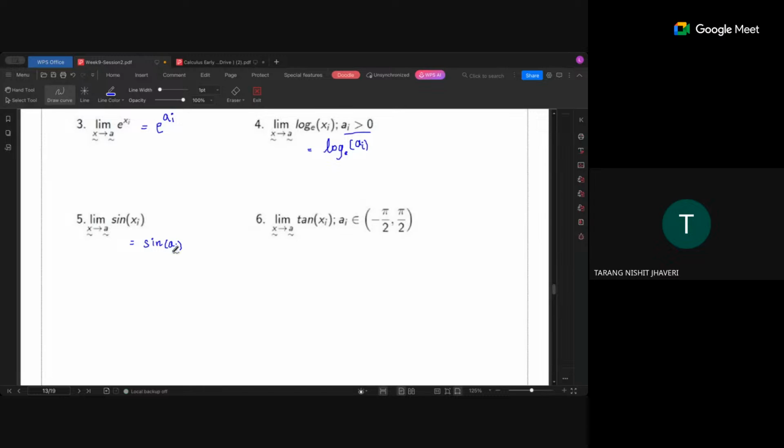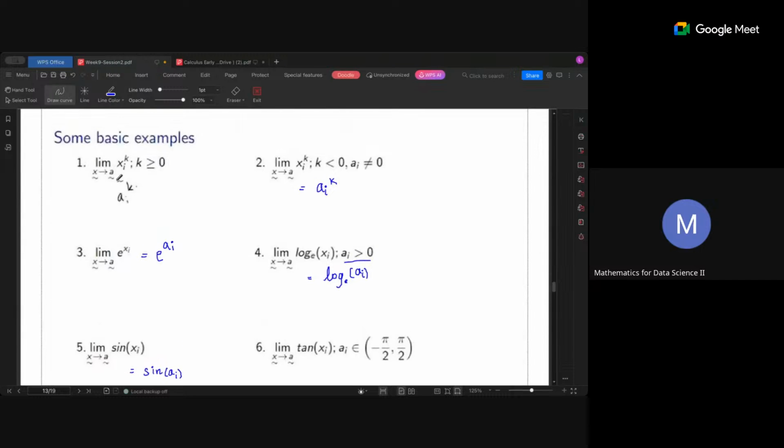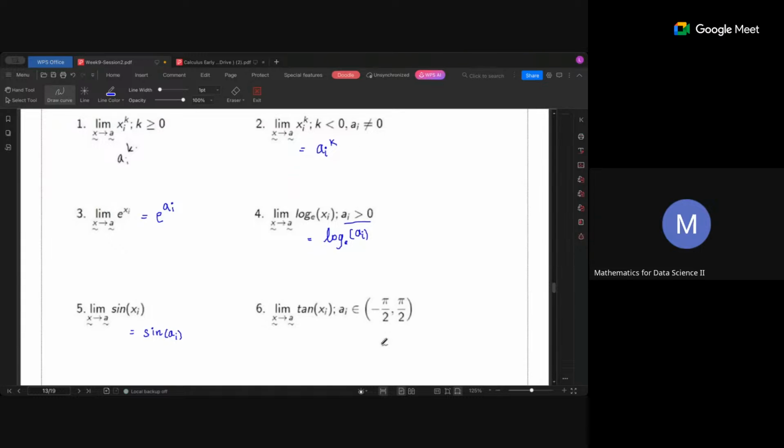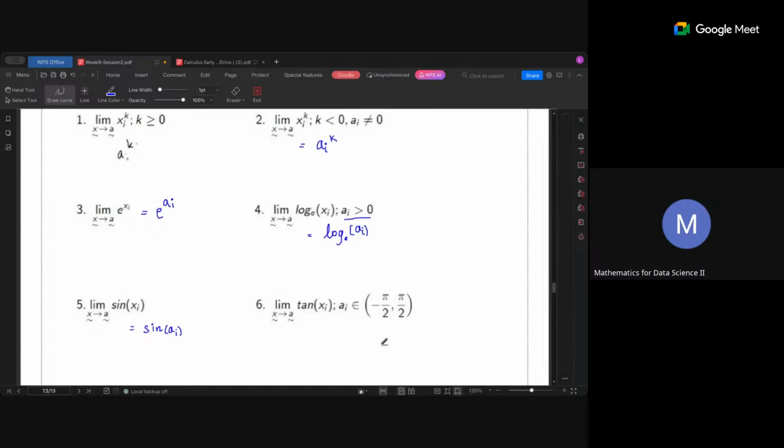That's why we are replacing it with a. Here we have polynomial functions, so we first see the power rule, then exponential, logarithmic, and then trigonometric. These are continuous functions, which we already know. That is why we straight away write the limit as just the function's value at that point. We are only considering one element of x tilde and a tilde, just one coordinate.